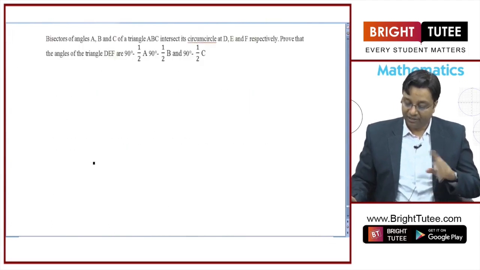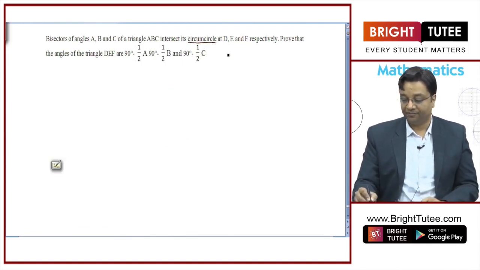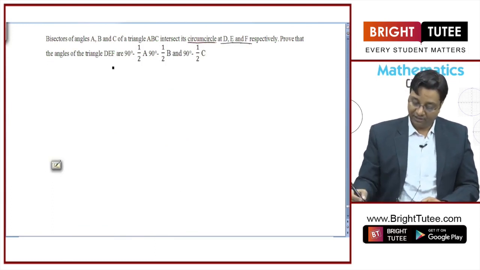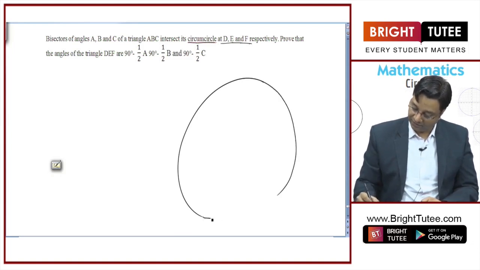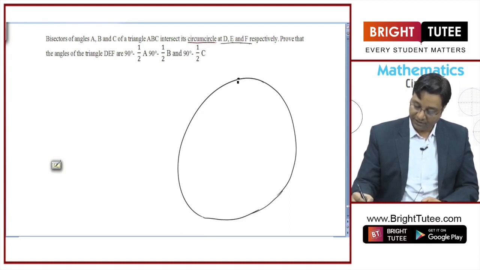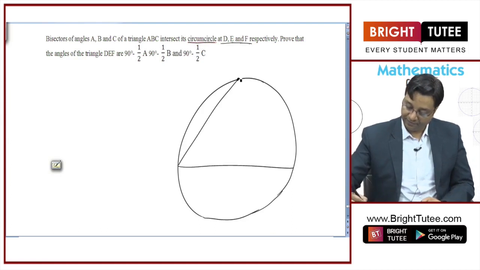Bisectors of angles of a triangle ABC intersect its circumcircle at D, E and F. Prove that... Let us first of all draw the figure so that the question is clear to us. There is this circle and there are 3 points A, B and C on this circle.